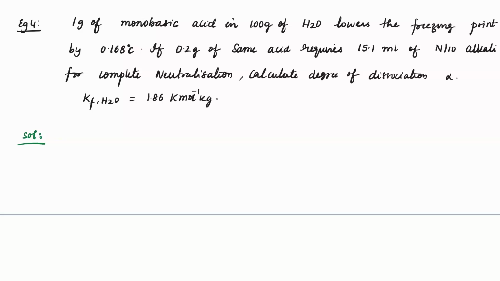So we can see we are getting this as 0.168, which is the delta Tf, which is equal to 1 gram into 1000 divided by molar mass actual into 100, correct? That into 1.86, which is the Kf factor.